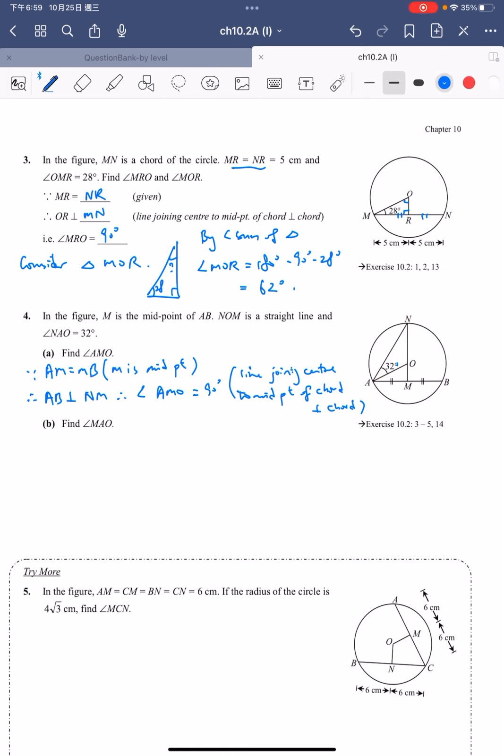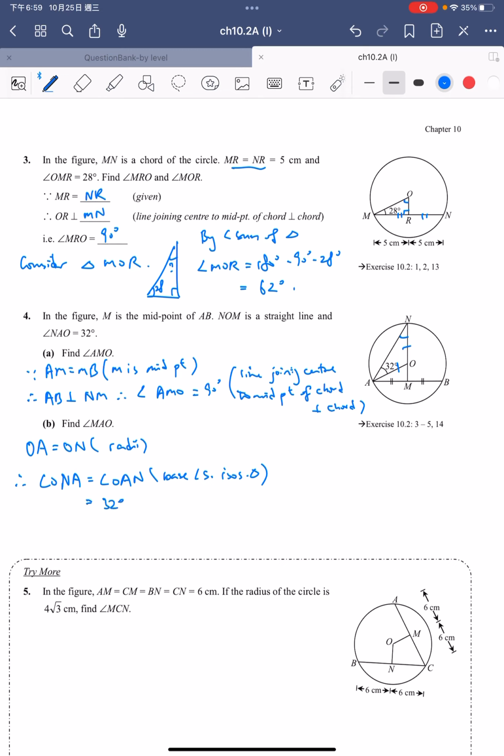If these two lines are radii, then this angle is going to be 32 degrees as well, because OA is equal to ON, the radii. So the angle ONA is equal to the angle OAN by using the base angles of an isosceles triangle. So this is equal to 32 degrees as well.